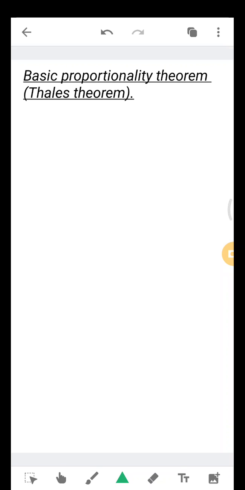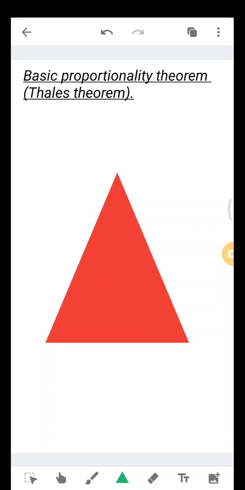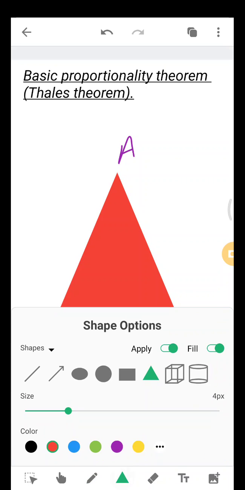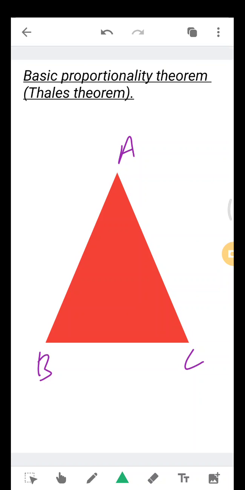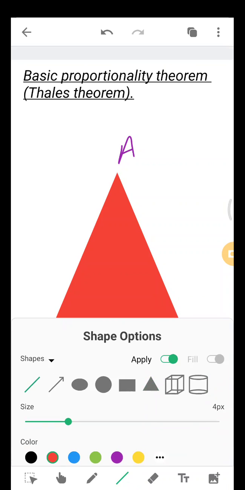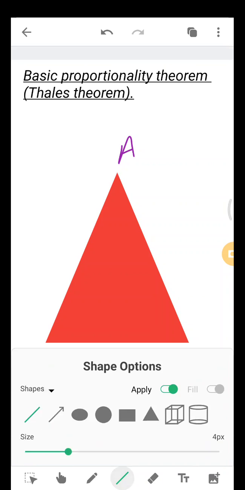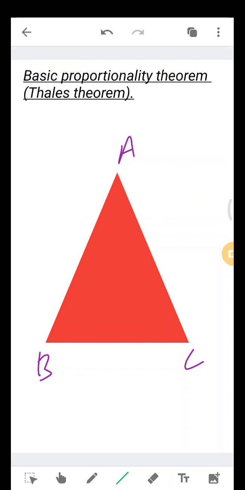Let's have a glimpse of this theorem. According to this theorem, if you take any triangle, say this is a triangle ABC, this theorem says that if a line is drawn parallel to one side of a triangle to intersect the other two sides.